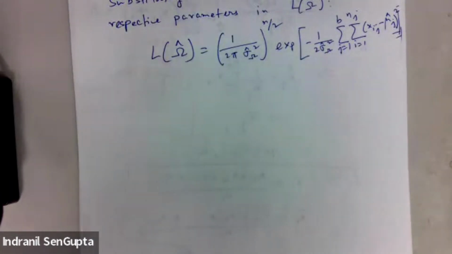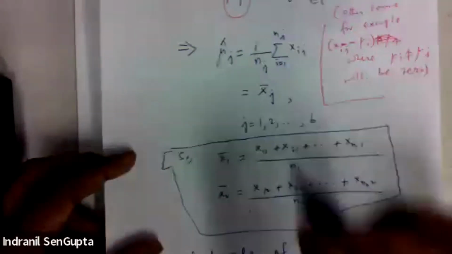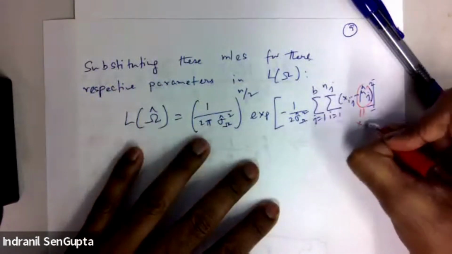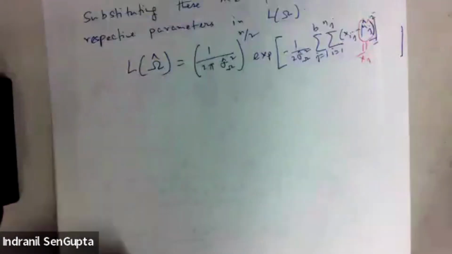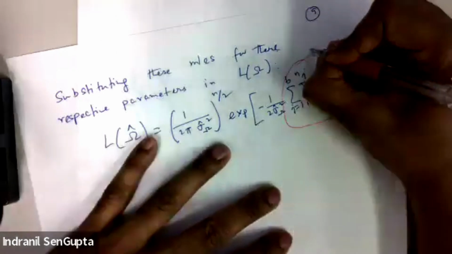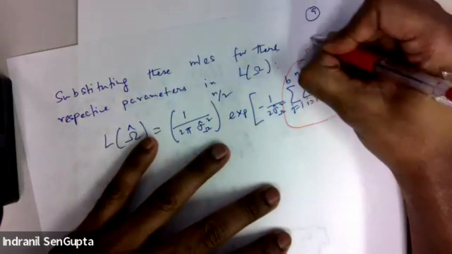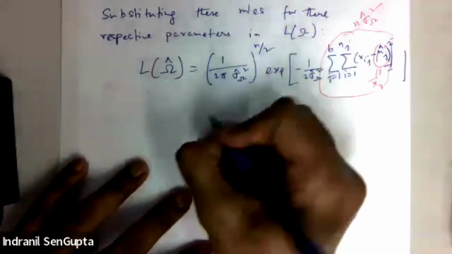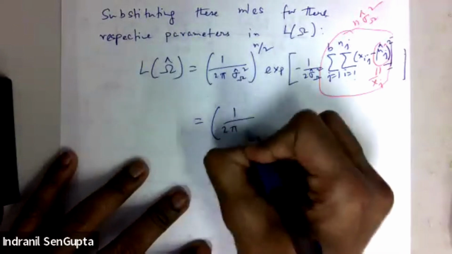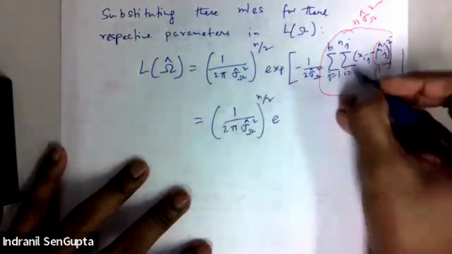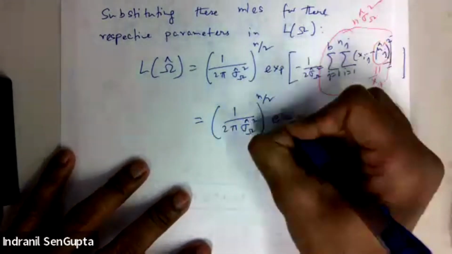And mu j hat is what we found right here, x j bar. According to our definition of sigma, this sum is n times sigma omega hat squared. So just like before, it's 1 over 2 pi sigma omega hat squared to the n over 2, and this is e to the power of minus n over 2.